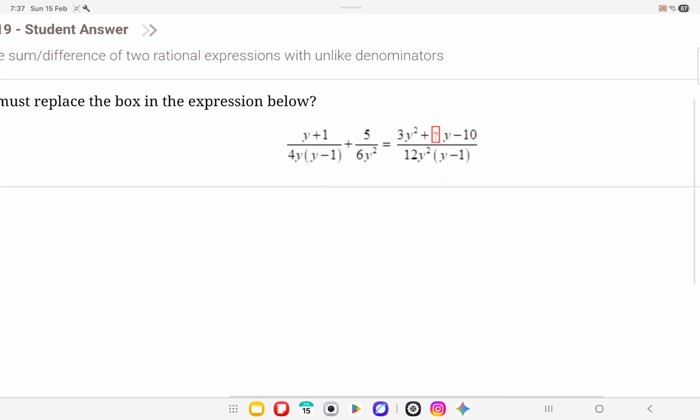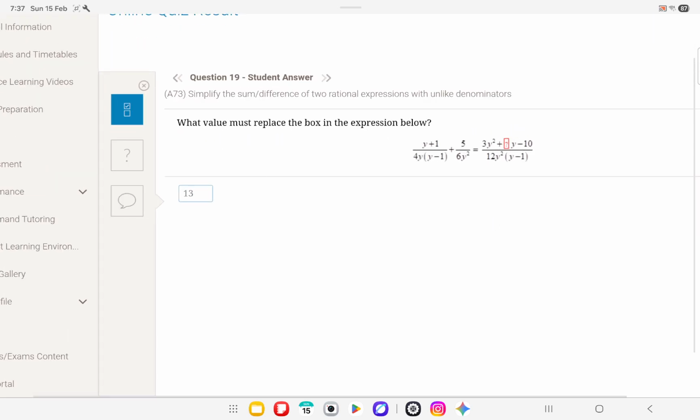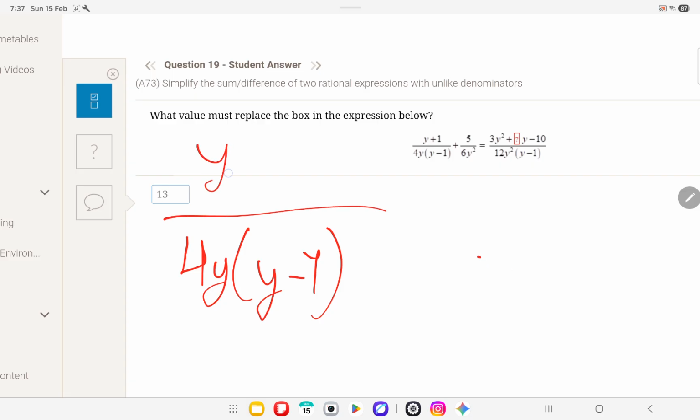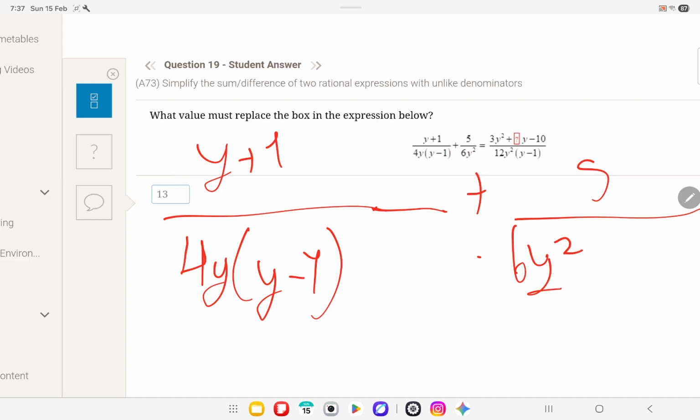Here, what we have to do is make it the same denominator and then add. So, 4y, y minus 1, and 6, y plus 1, plus 5, 6y squared. So, what's the LCM of 4 and 6?